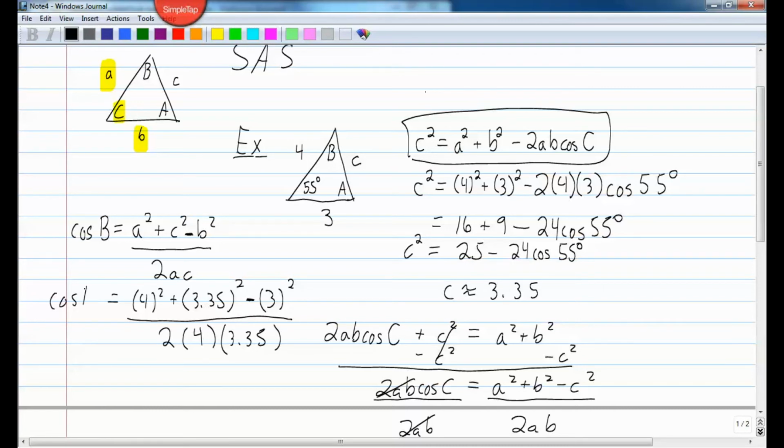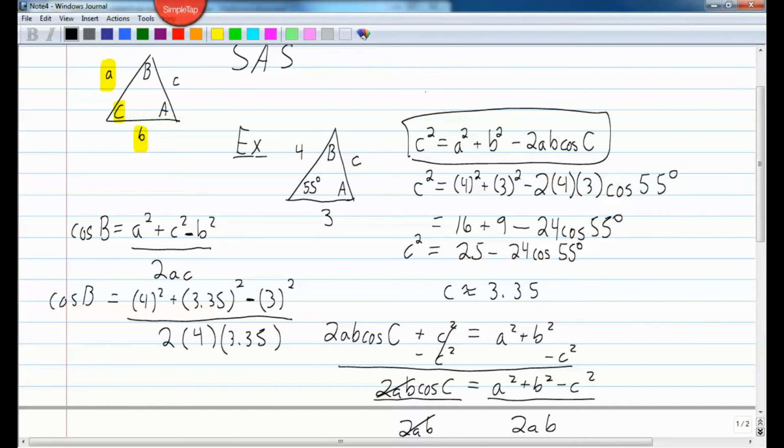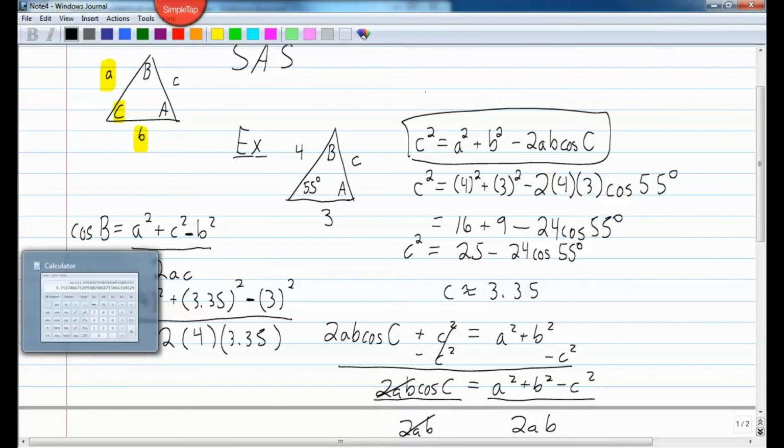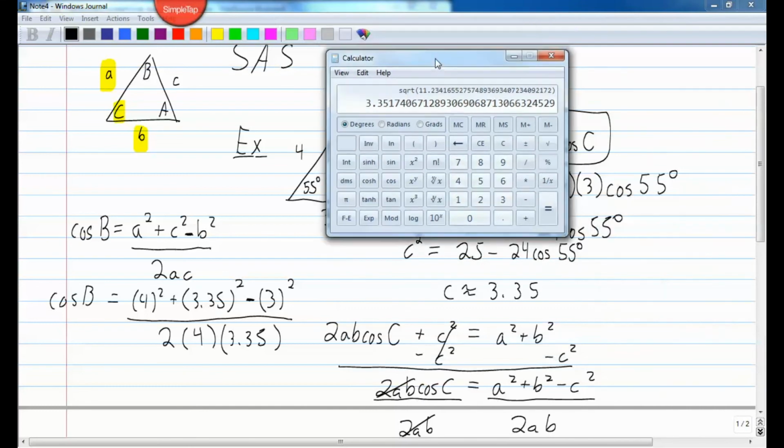All right, so we need to work out the right side here. What I would suggest doing, if we're using the Windows calculator, is that you work out the numerator and then divide by the denominator. You can use parentheses with this calculator pretty easily, and it'll show you up top what you're plugging in.